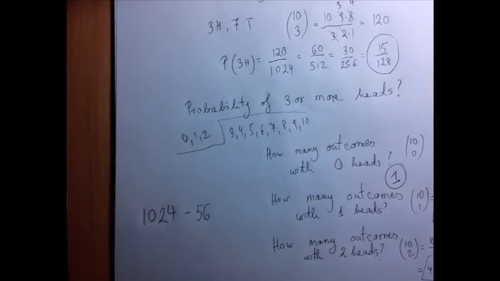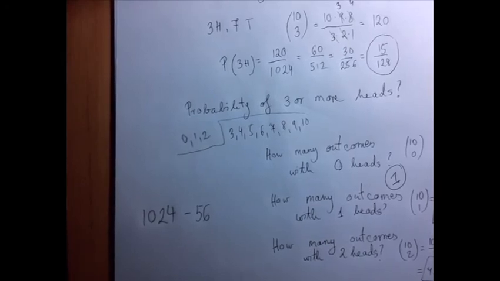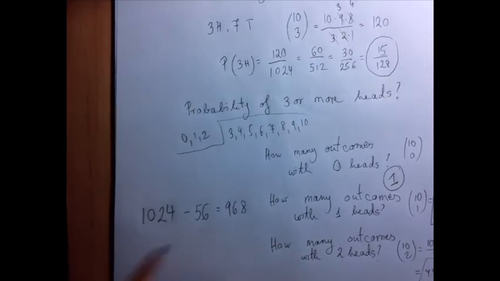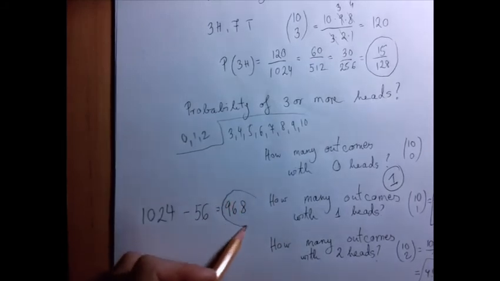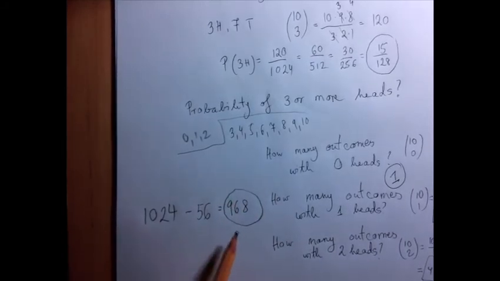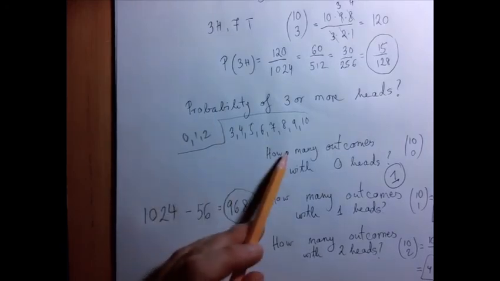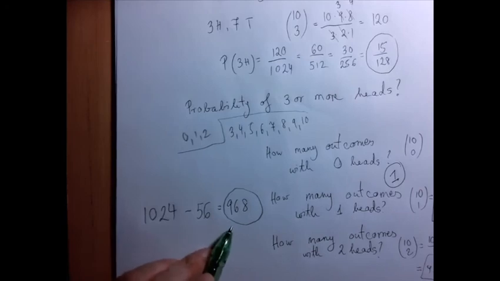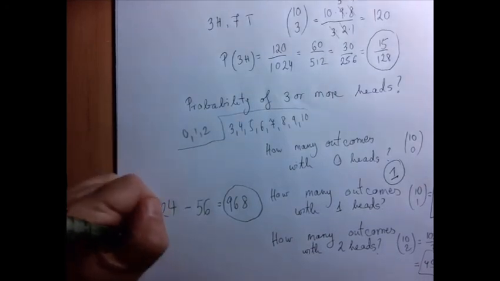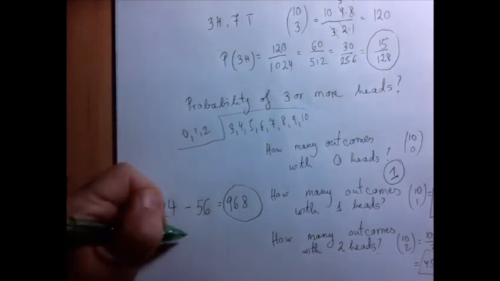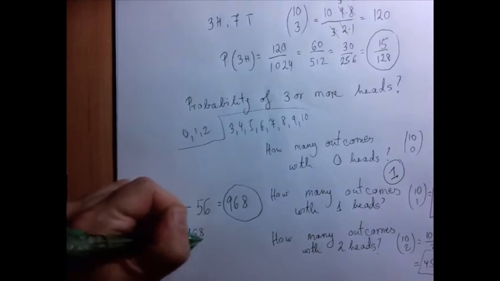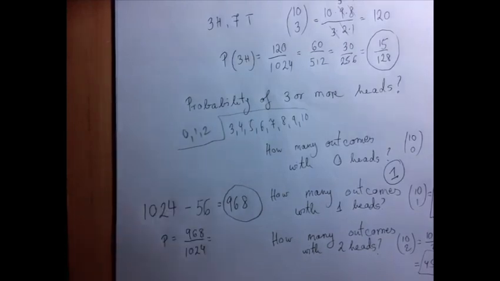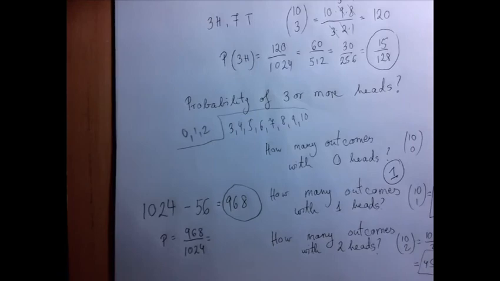So when we perform this subtraction, we get a whole lot of cases, almost all the cases, right? So 968 is the number of outcomes with 3 or more heads. So the probability is going to be this divided by the total. So the probability that we're looking for is 968 divided by 1024. And we're going to get rid of those two factors.